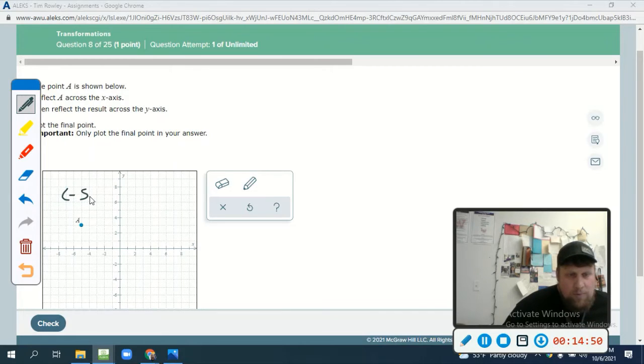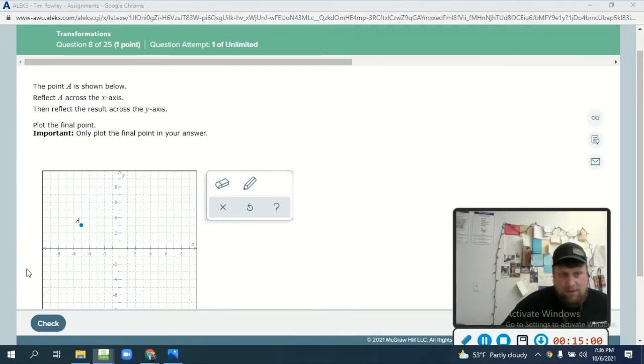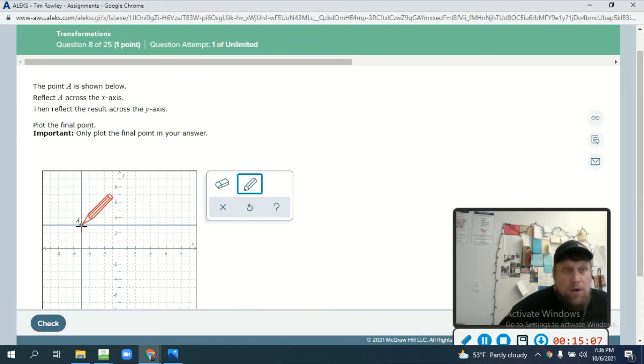But this one's a little different. Instead of the y-axis, it says reflect across the x-axis. So we're going to reflect across this horizontal axis, which means when I go to draw the point, I'm going to go over here to point A, and to find A prime, it says across the x-axis. All right, so I'm going to go 1, 2, 3.